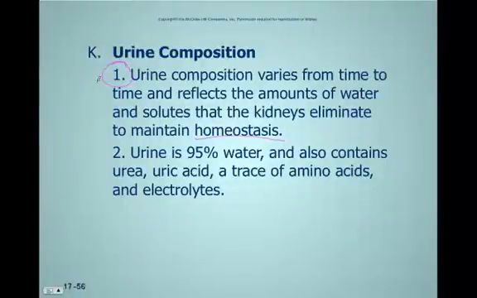If you've ever known anyone that's been in kidney failure, without two functioning kidneys, oftentimes, because the kidneys are filtering ions in the blood and water in and out of the blood, this can throw many different things off.